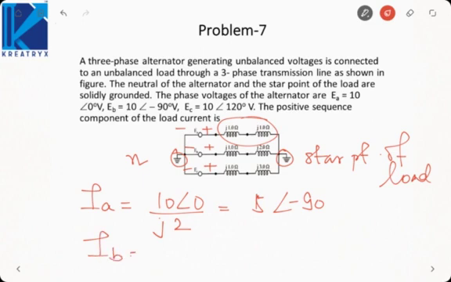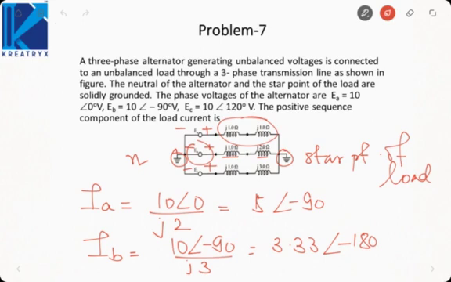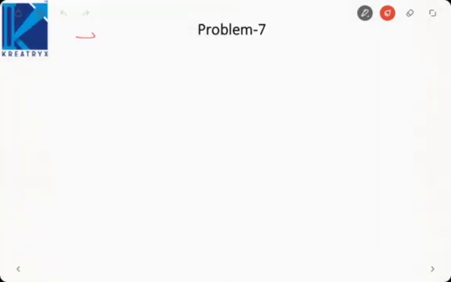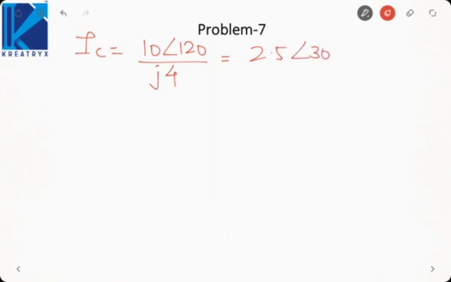Similarly IB, this is 10 angle minus 90 divided by J3, that is J1 plus J2, 3.33 angle minus 180. The next current is IC, which is EC, 10 angle 120, divided by J4, that is J1 plus J3, 2.5 angle 30.